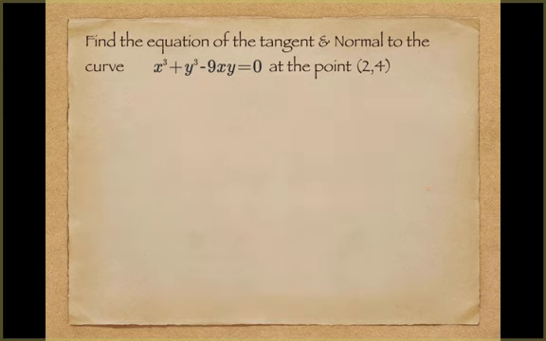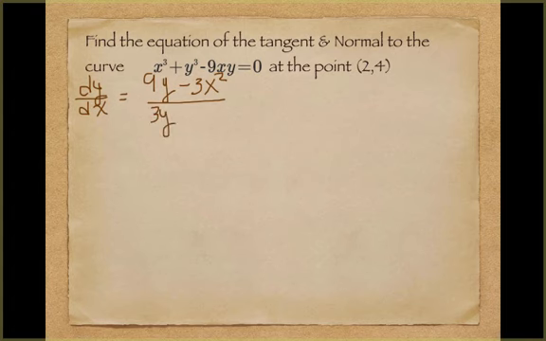All right, so we said that our derivative was equal to 9y minus 3x squared all over 3y squared minus 9x, and it's at the point 2, 4. So we're going to plug in 2 everywhere we see an x and 4 everywhere we see a y.